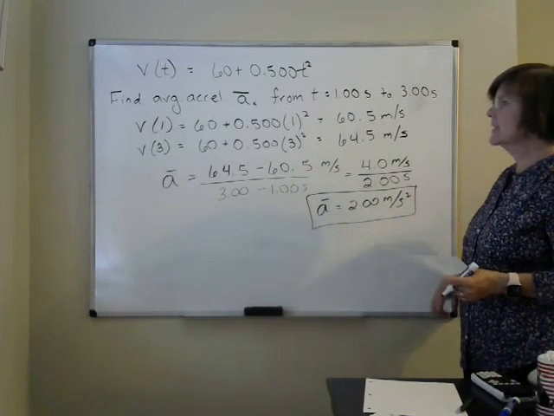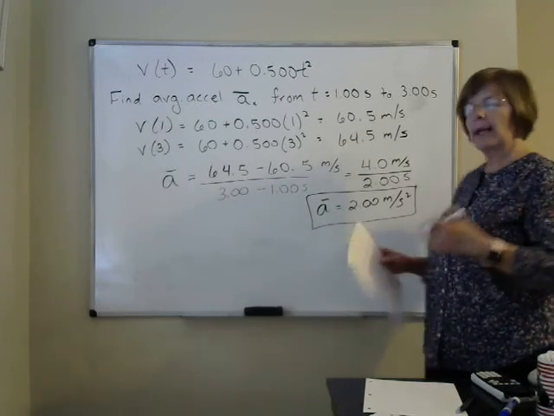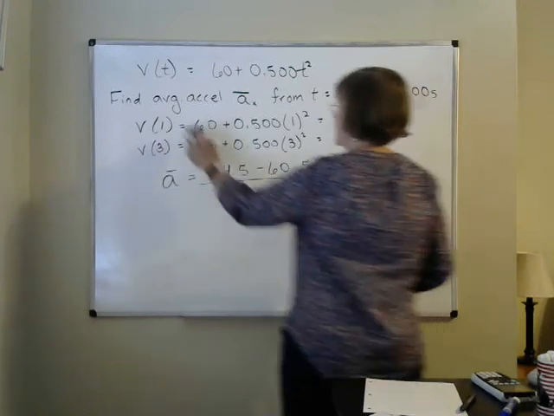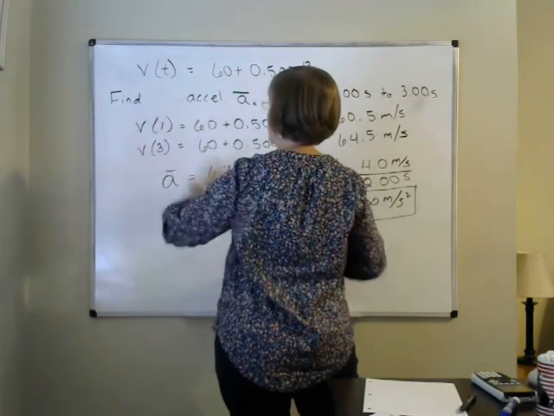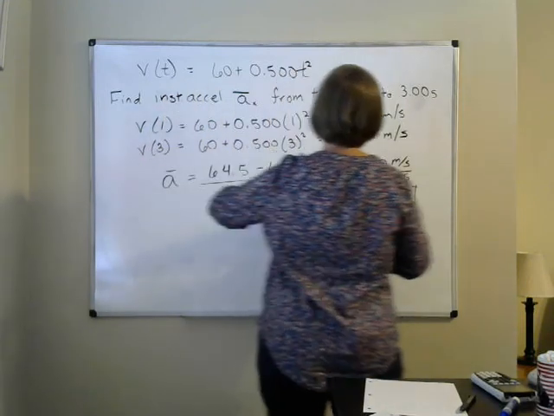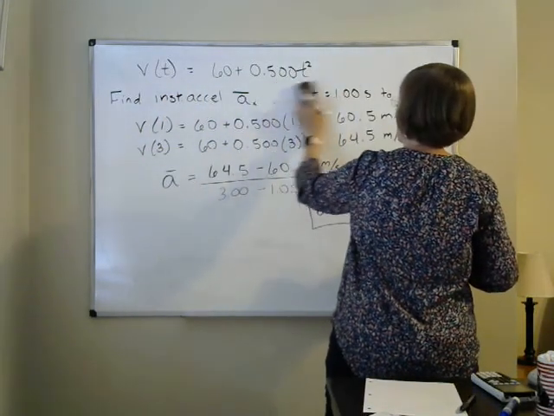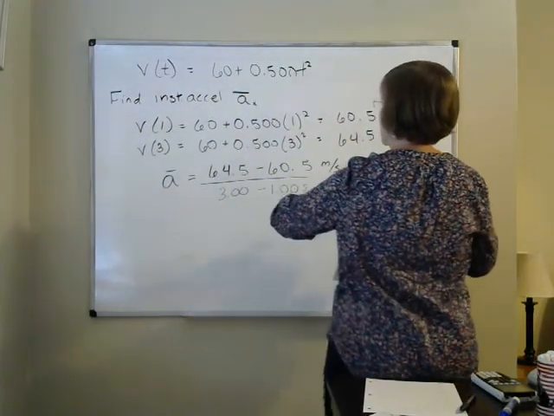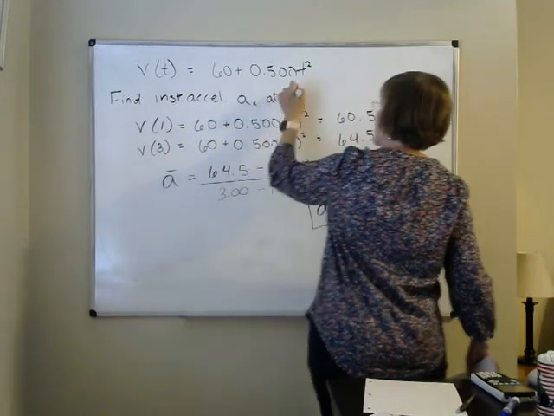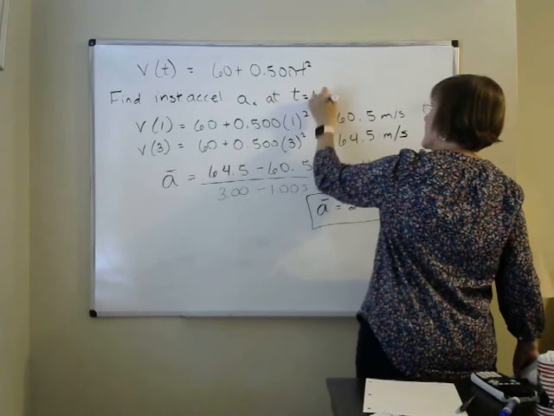I could do an instantaneous acceleration by estimating again. If I want to do an instantaneous acceleration, change that to say instantaneous, so take that off for instantaneous, at t equal 1 second.